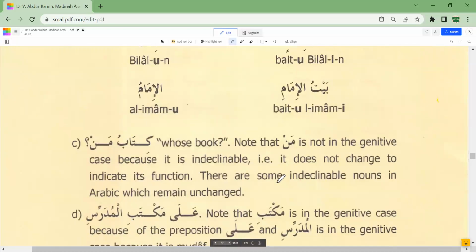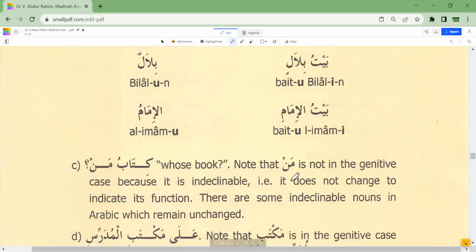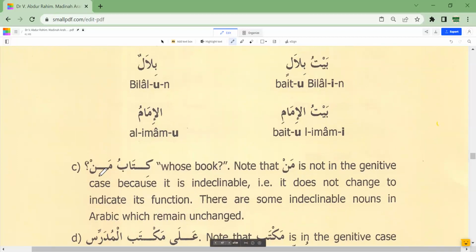And when we say kitabu man in the lesson, whose book. So man, we cannot say kitabu mani, right? It's not going to be majroor like this, because man is indeclinable, or mabni. Mabni means it's stuck in that position.